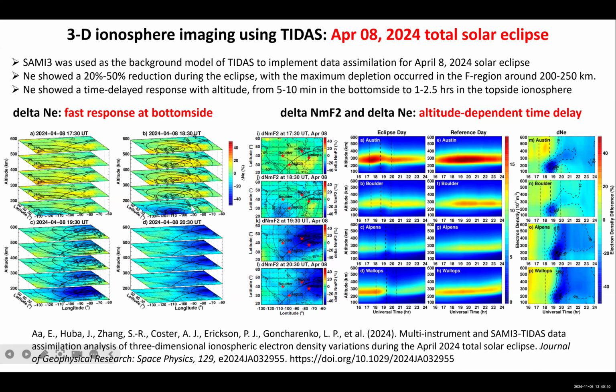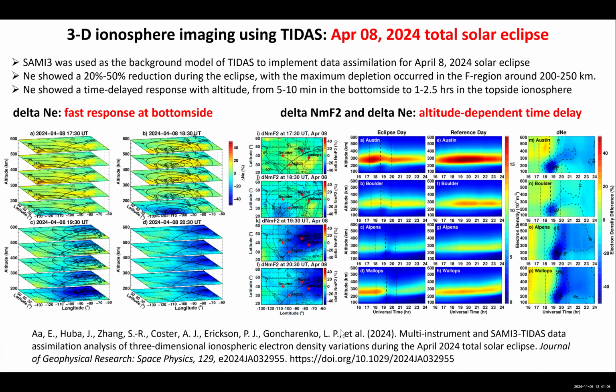The bottom side ionosphere and the top side ionosphere have different behavior. The bottom side ionosphere reacts pretty fast. There's already some reduction over this region, but the top side ionosphere still maintains pretty high levels. So there's a time-delayed response with respect to the altitude increase.